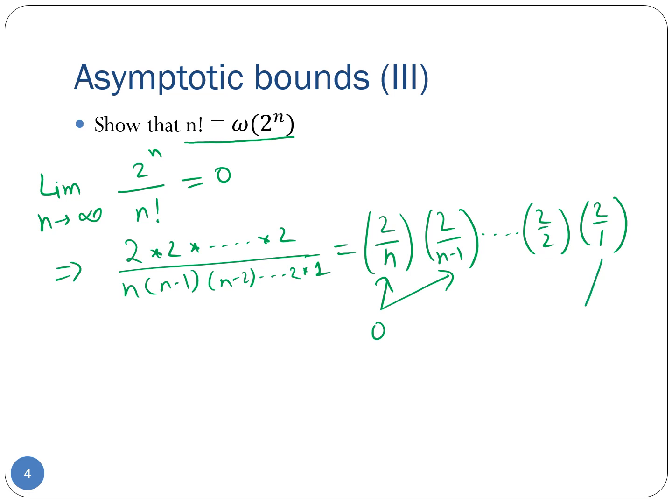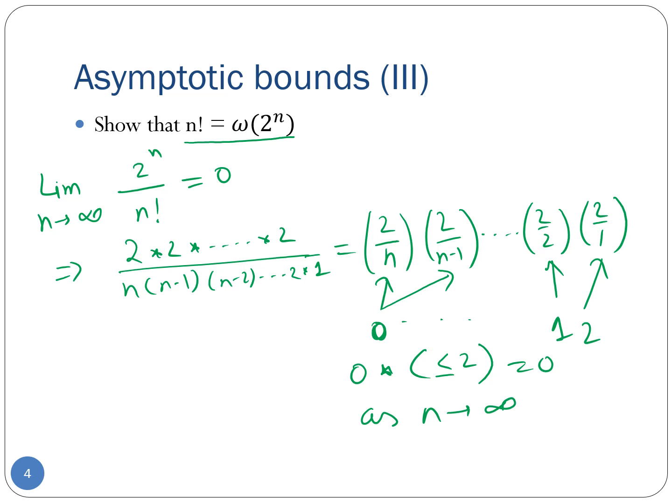Towards the end you get 2 divided by 1, which is 2, and the last term is 1. So we are multiplying 0 by a value that is less than or equal to 2, and therefore this product is equal to 0 as n tends to infinity.